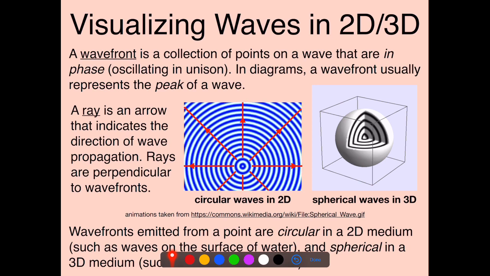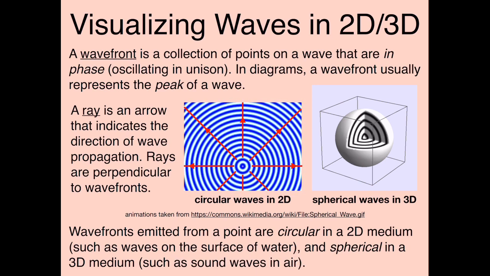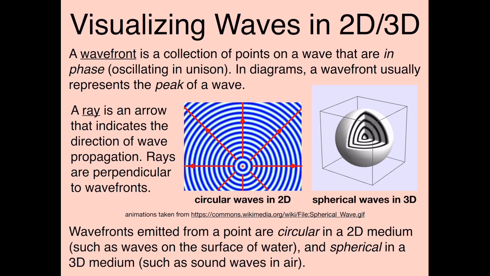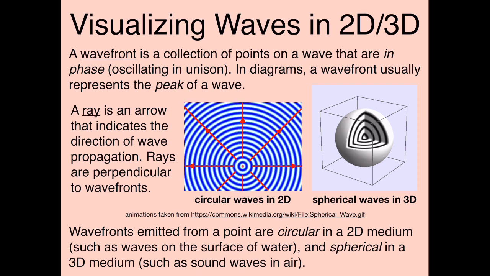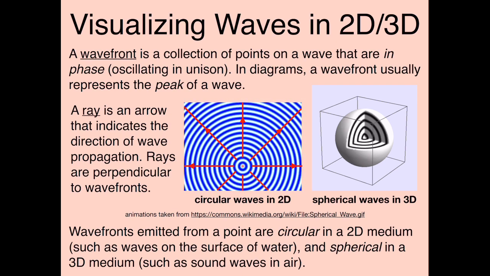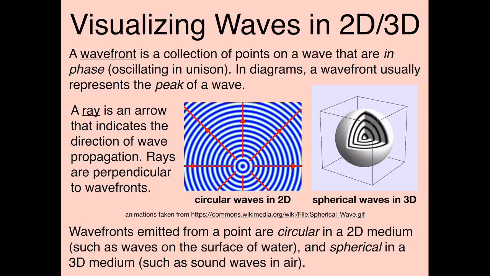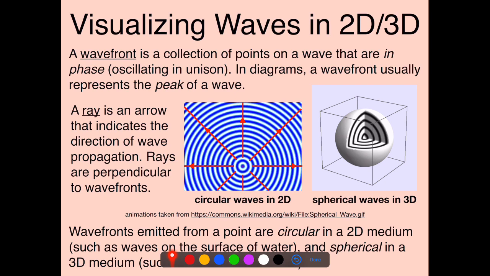So the point here is when you have a two-dimensional medium and you have some waves emitted from a point in that two-dimensional medium, the wave fronts that are emitted are going to be little circles that just move outwards. Now, let's say we have the three-dimensional case over here.